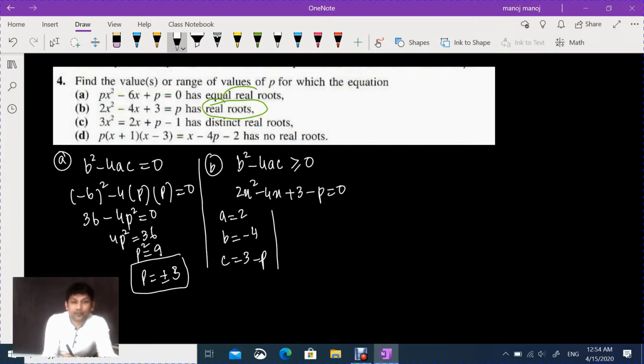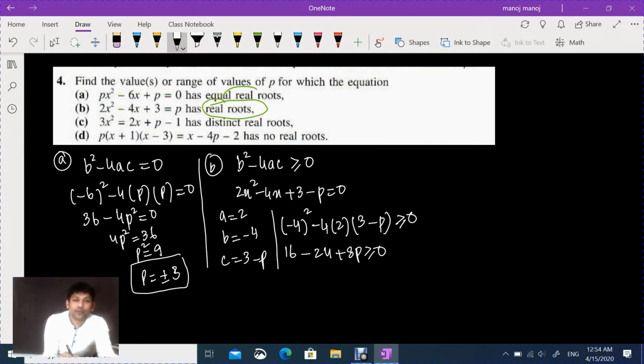Okay, we can apply the discriminant, b squared minus 4, a is 2 and c is the whole value 3 minus p, greater than equals to 0 because the roots are real. 16 minus 8 times 3 is 24. Again 8 times p, negative times negative is positive, 8p.